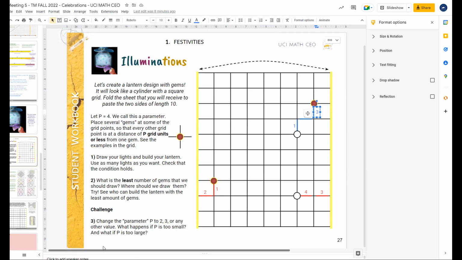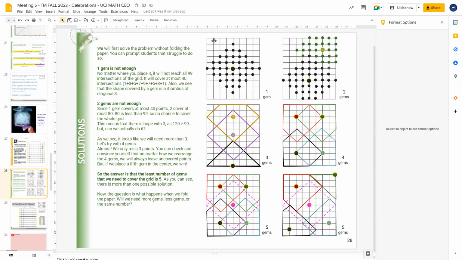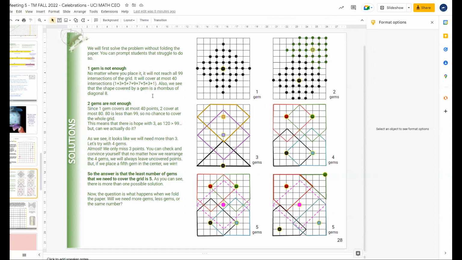Let's look at the solution. It's going to be interesting because we didn't include the full solution, as per the question, but we included a lot of scaffolding. So probably the first good strategy is to forget about the folding. It's too much information.